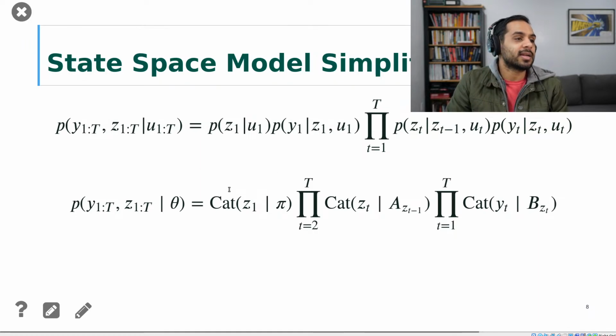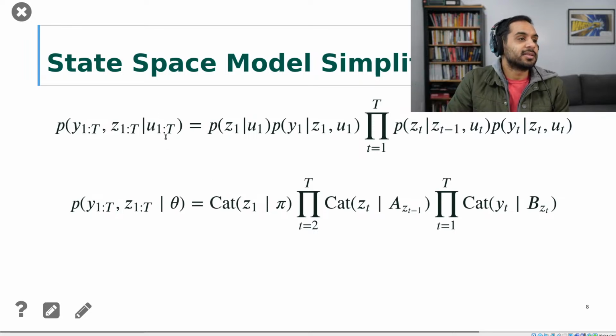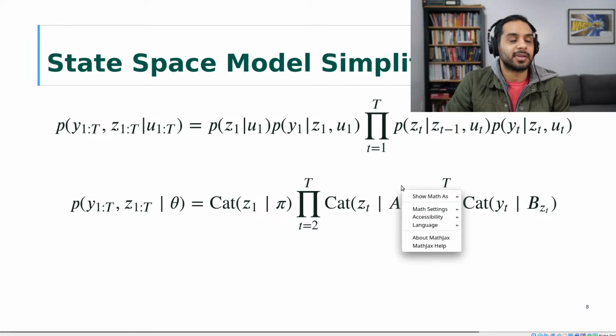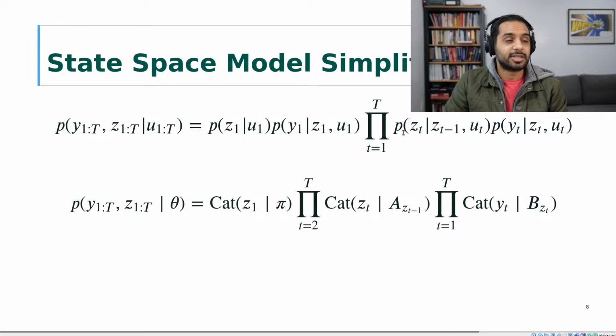But at the beginning, we're going to start by dropping this U, some of these covariates. We're going to pick up this theta, which I'll talk about in a second. We're going to drop a lot of these other terms in here as well and simplify them down to a couple terms with A and B, these two matrices, which again we'll talk about in a second. And rather than using the generic form, which allows for continuous and discrete distributions, we're just going to stick with discrete categorical random variables here.